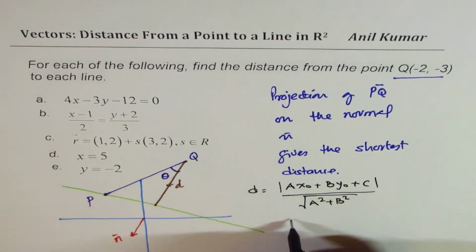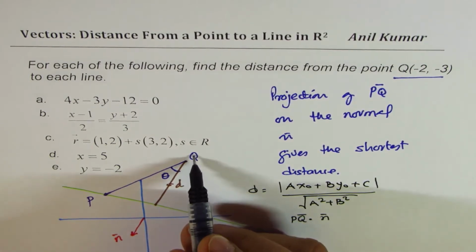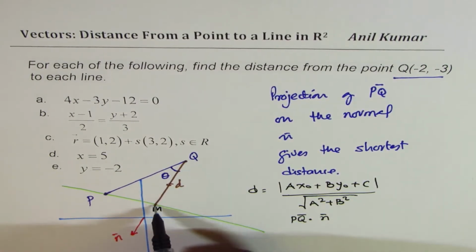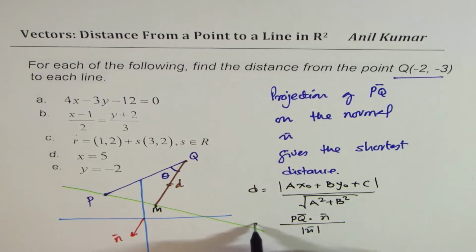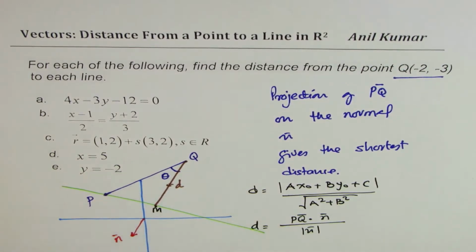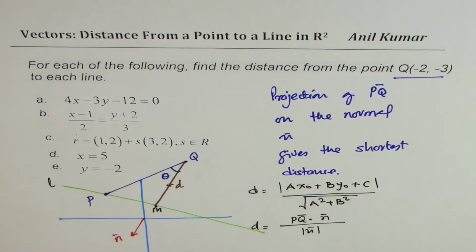So if you do the dot product of PQ with the normal, you get QM in this direction. And when you divide this by the magnitude of the normal, you get the distance of the point from the line. So we're talking about line L, point Q.